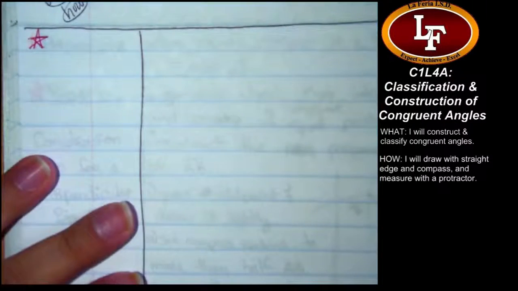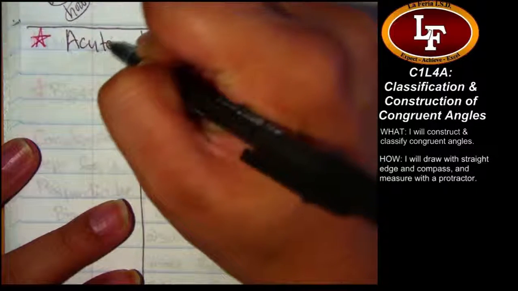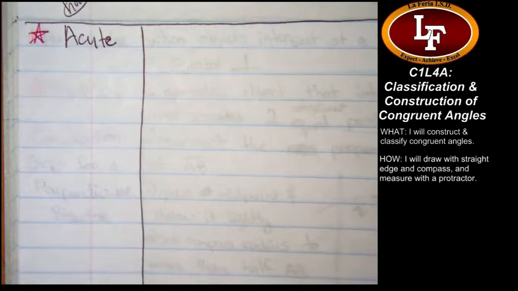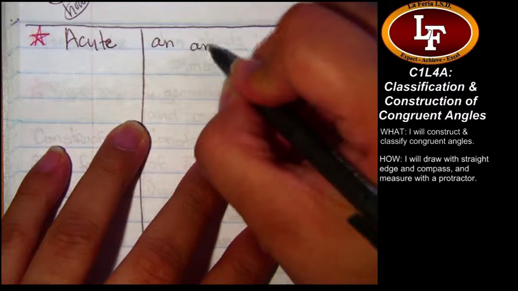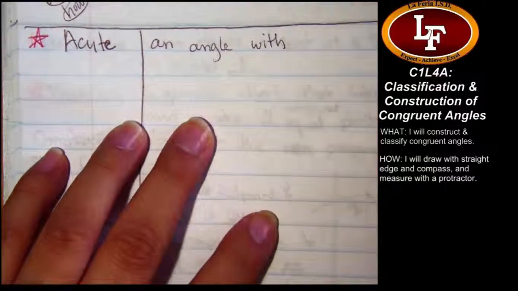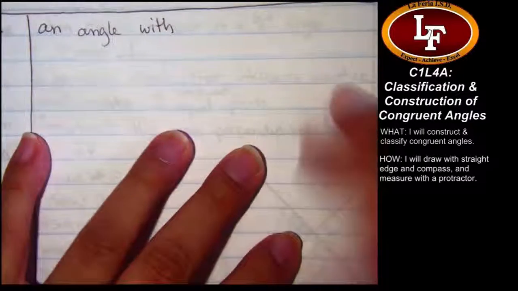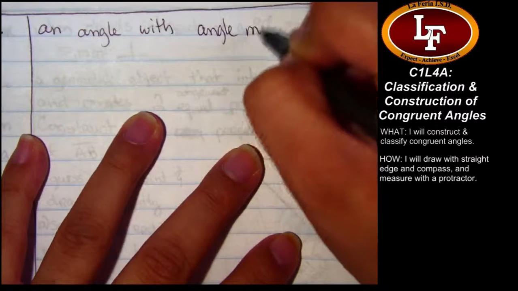This word is acute. Have you heard of this classification for angles? Yes. What is it? Smaller than 90. Smaller than 90. What's smaller than 90? Angle. The angle measure. So we're going to be very specific. An acute angle is an angle with angle measure.